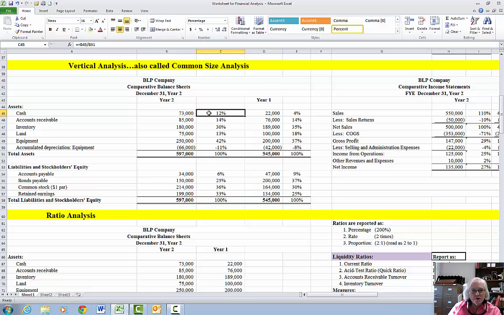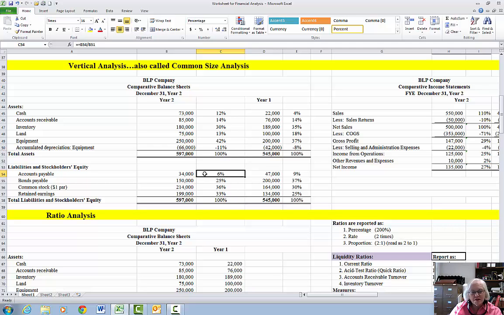To compute the 12% for cash, take 73 divided by 597 and you get 12%. That just means that cash makes up 12% of your assets. Accounts receivable is 14%, inventory is 30%, your equipment is 42% minus the 11% for accumulated depreciation.